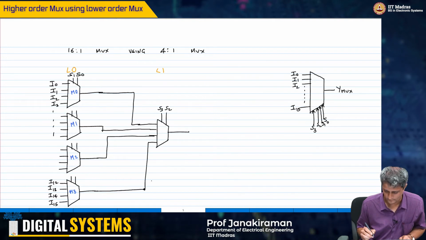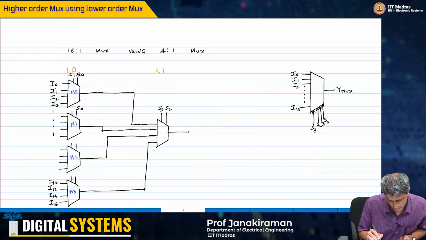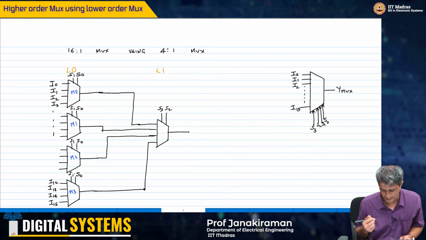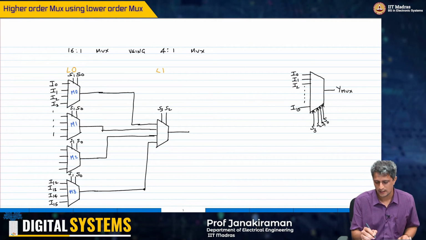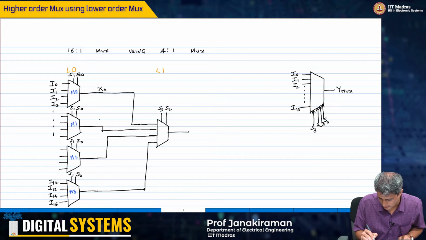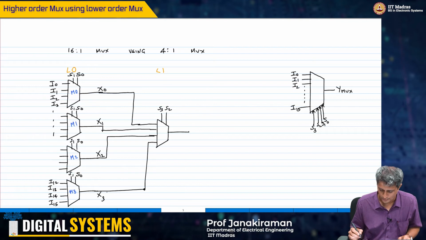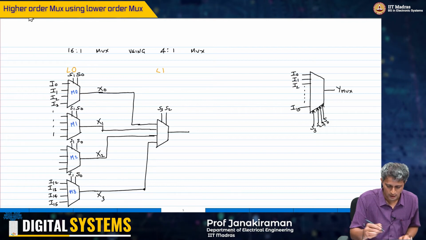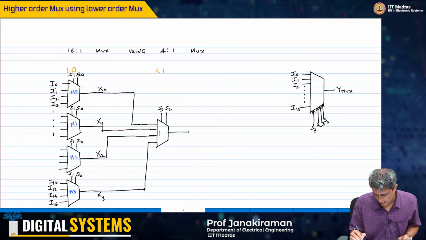So this is S0, S1, S0, S1, S1. And therefore, I'll call these outputs X0, X1, X2 and X3, and this is my multiplexer number M4.